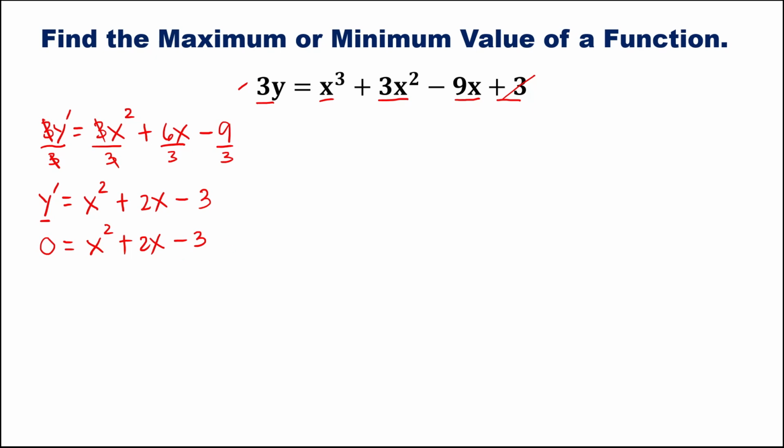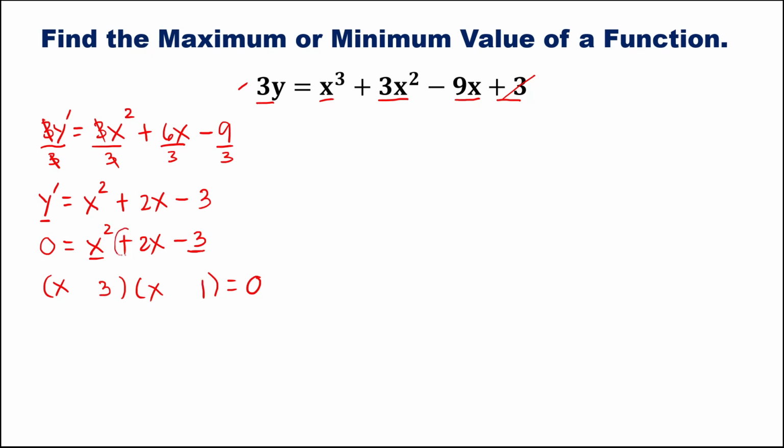Then from this quadratic equation, we can use quadratic factoring. To find the factors for x squared, this is x times x. Then for the factors of negative 3, this is 3 times 1.